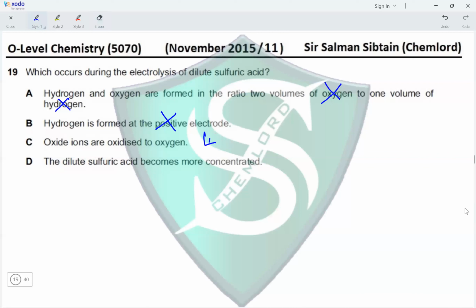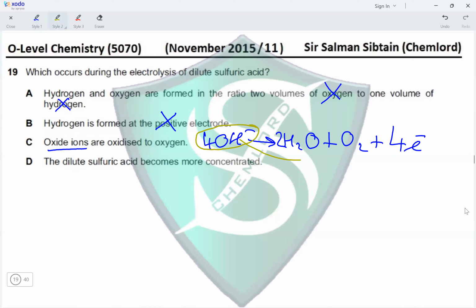So it would be 4OH minus producing 2H2O and O2 gas, and it gives off 4 electrons, making this an oxidation reaction. So that is why this is supposed to take place at the positive electrode, formation of oxygen. So it is not the oxide ions, it is the hydroxide ions that are oxidized to oxygen.